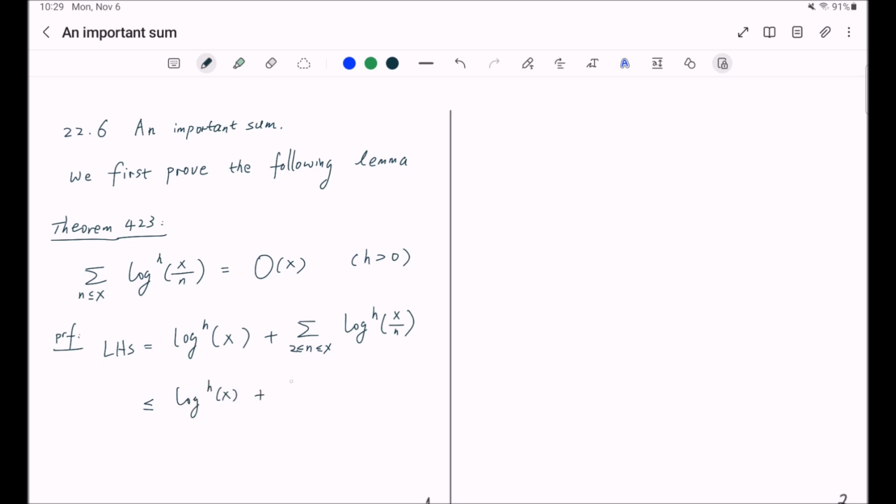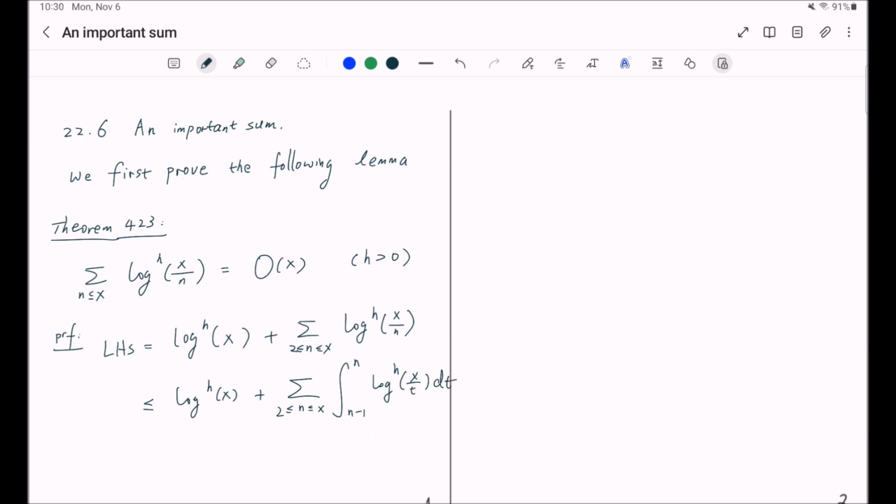and for the second term, for each individual summand, we see that it is upper bounded by log of x divided by t to the hth power.